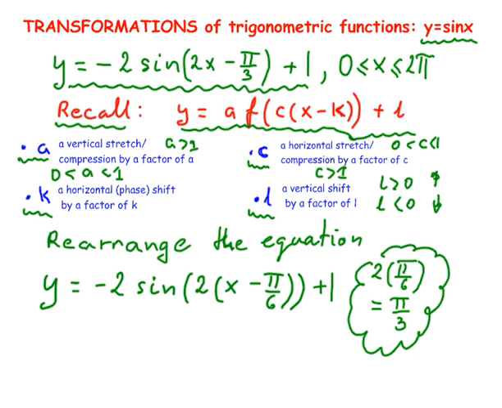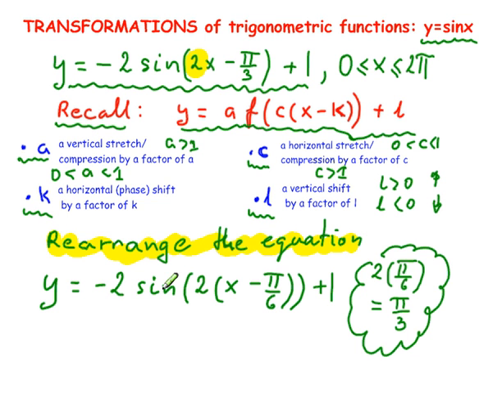Now before we continue, we have to rearrange the equation. What that means is that the coefficient inside must always be by itself, as presented in this formula: y is equal to A times f in brackets C. Please note that this is by itself. So we have to factor out 2 from this binomial.